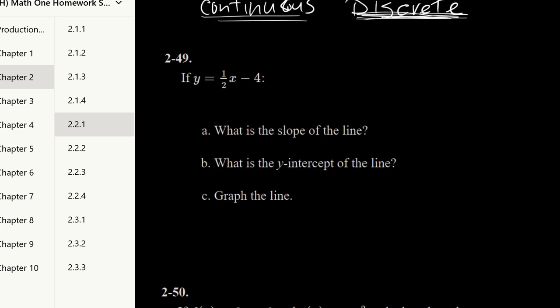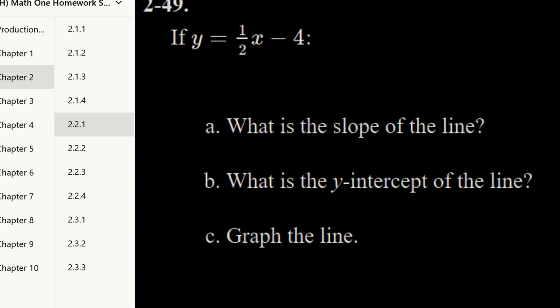Question number 49. It says, what is the slope of the line? What is the y-intercept of the line? Graph the line. Oh, that's great. This slope right here, by the way, it does not say sketch the graph. It says graph it. The slope is up 1 over 2.